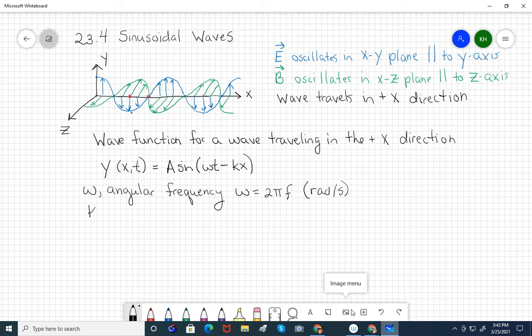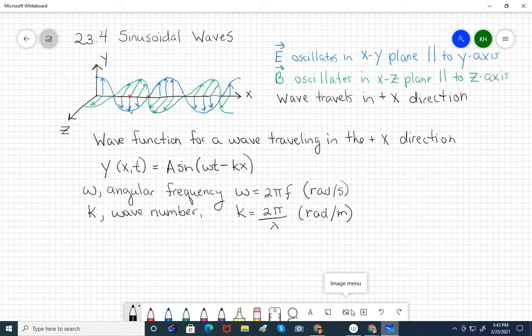K is called the wave number. And the wave number is equal to 2 pi divided by the wavelength. So it has units of radians per meter.